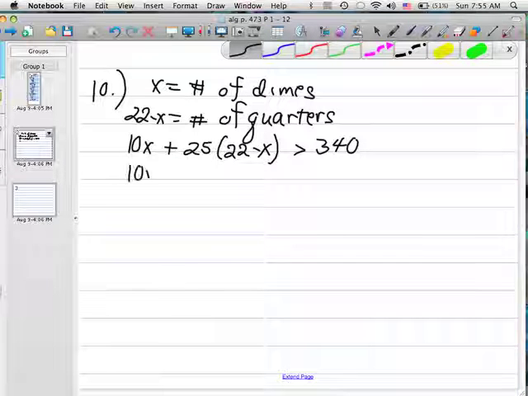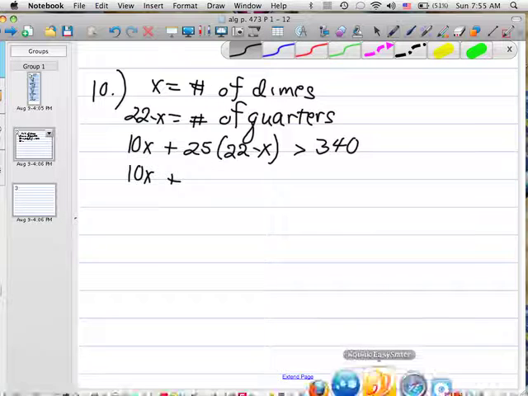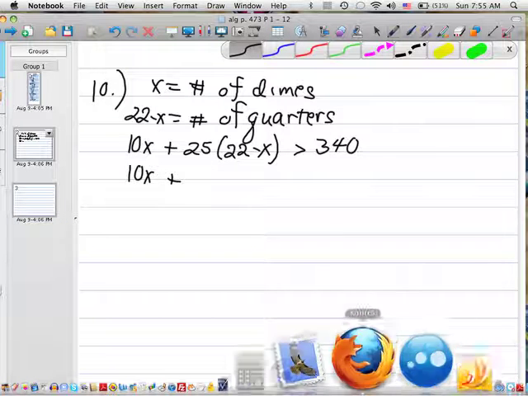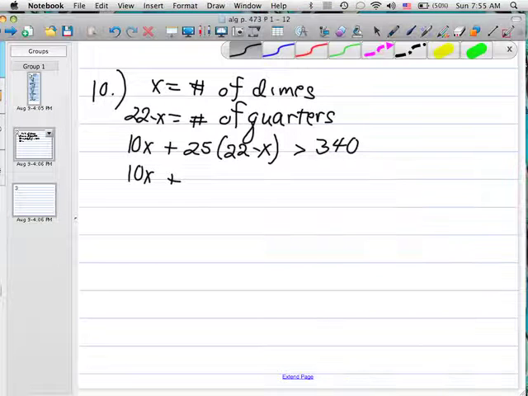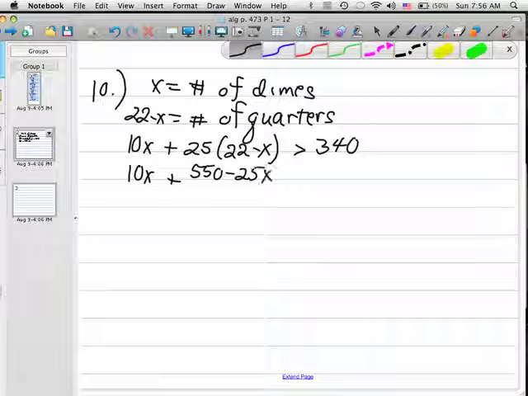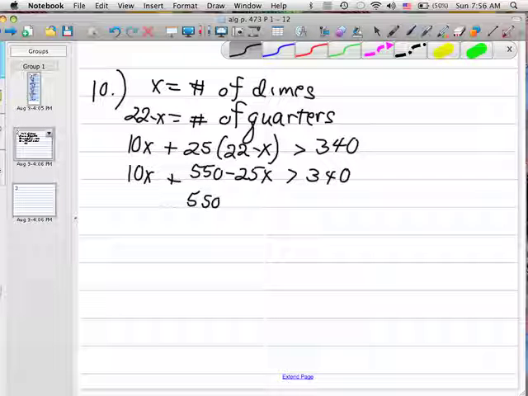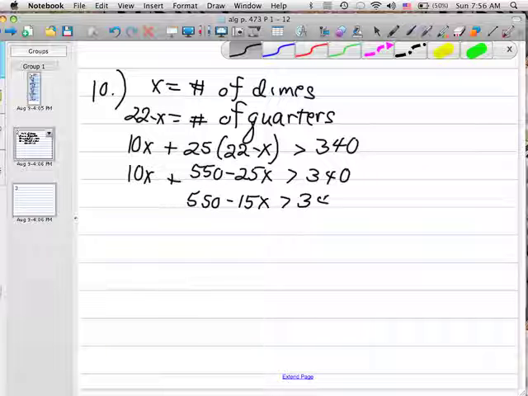So this is 10x plus 25 times 22 is 550 minus 25x is greater than 340. Collecting like terms, I get 550 minus 15x is greater than 340.